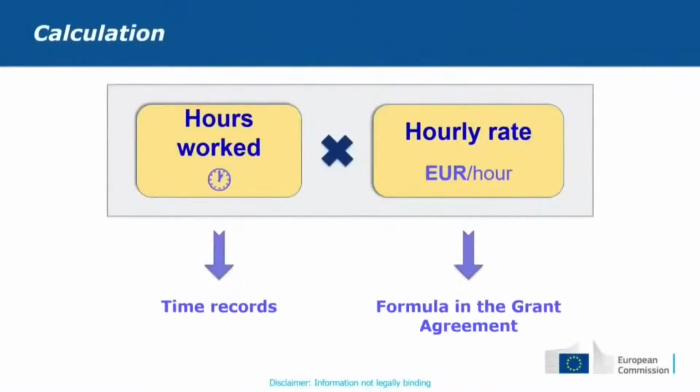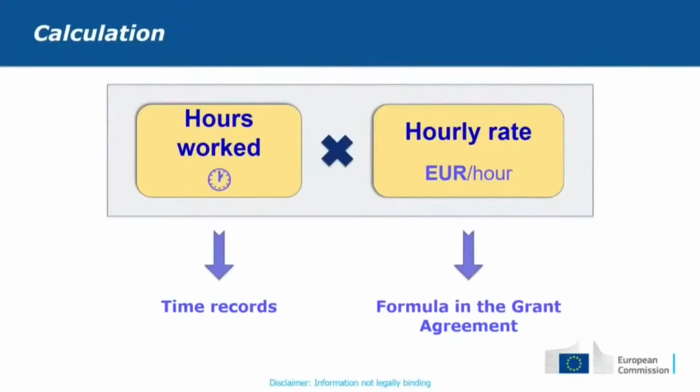The logic that you can easily follow is that the personnel costs in Horizon 2020 are calculated simply by multiplying the number of hours that the person worked in the project, in the Horizon 2020 action, and for these unit time records, I'm going to insist several times on this, by an hourly rate, so X euros per hour.